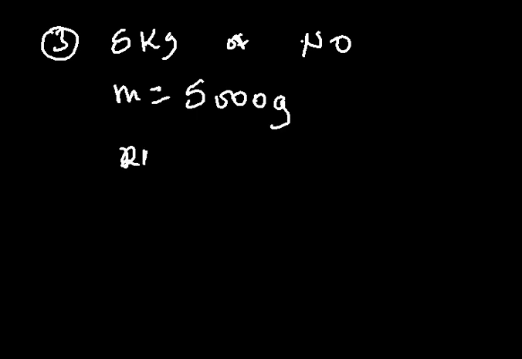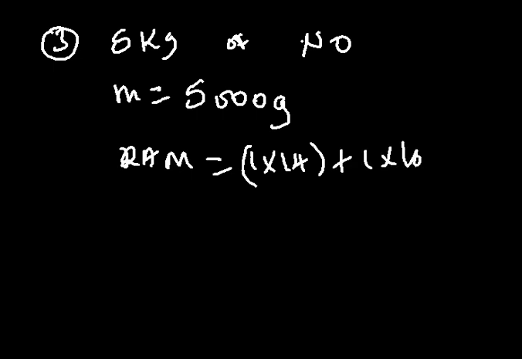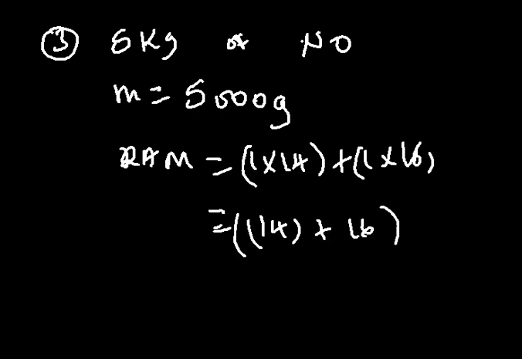And what is the molar mass of nitrogen oxide? We have 1 times 14, because the relative atomic mass for nitrogen is 14, plus 1 times 16. So make sure you understand about the relative atomic mass for each element. Of course, in typical exams, everything is given. So you have 14 plus 16, that is in grams per mole.